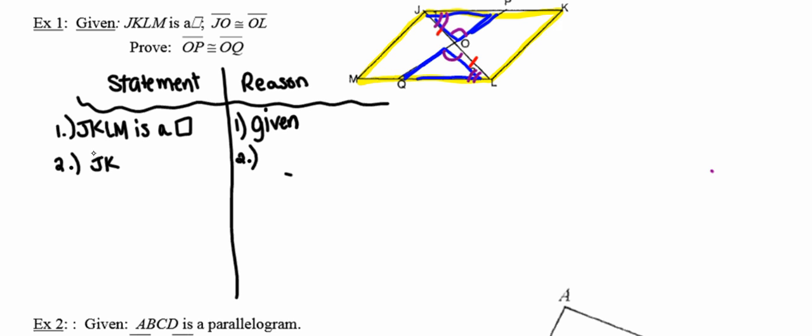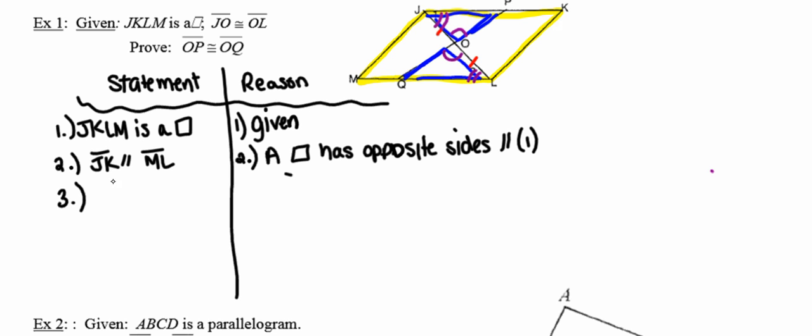So the top side, JK, is parallel to the bottom side, ML, and that's because a parallelogram has opposite sides that are congruent. Sorry, opposite sides that are parallel. And I'm going to cite statement 1 because statement 1 is where I had the parallelogram.